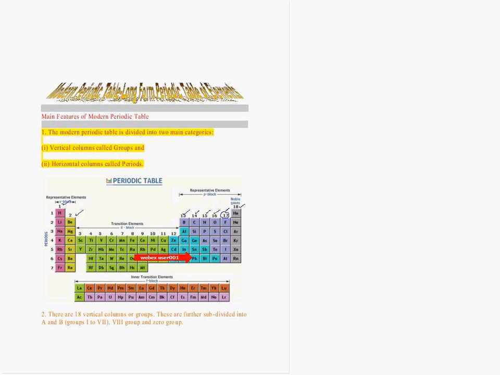These are group B. The transition elements are actually group B. So in total we have 18 columns. Silicon is in the 14th column, and we call it which group? 4th, right? Group 4.